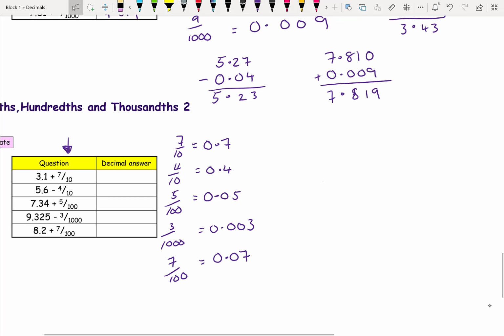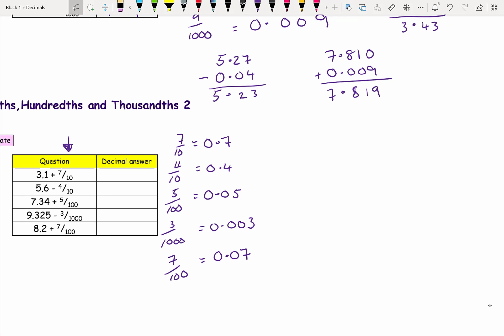So what we're going to do is bring our questions back. We're going to set them out the same way we did the last time. So we've got 3.1 plus 0.7. Keep my decimal points in line. 1 plus 7 is 8. 3 plus 0 is 3. So my final answer for that one is 3.8.